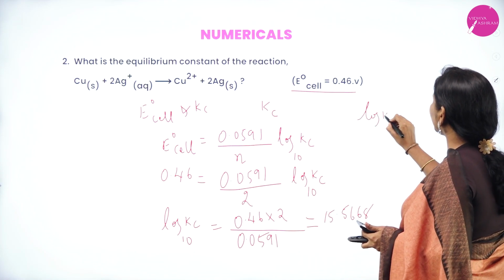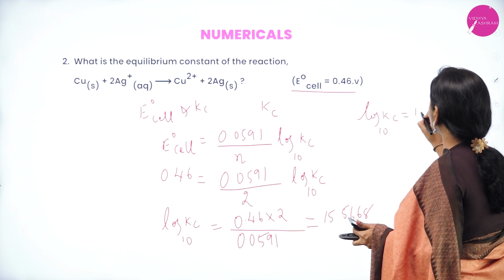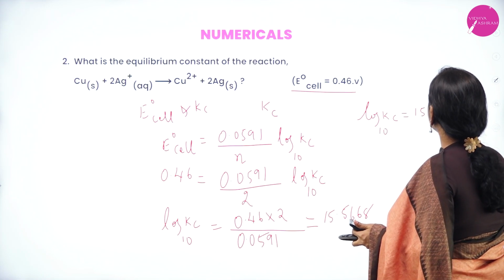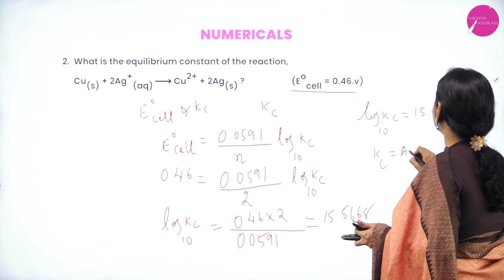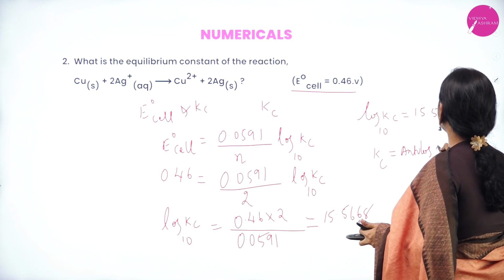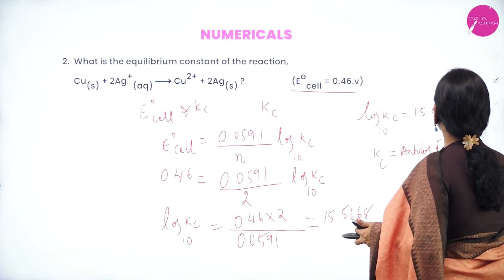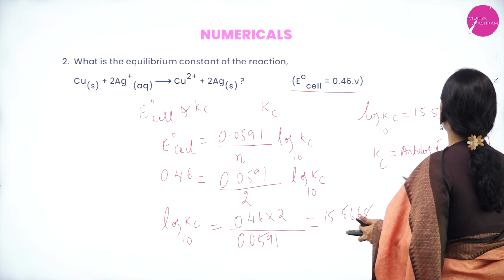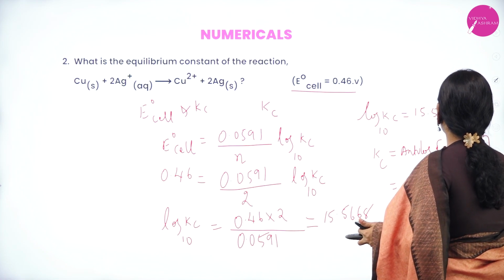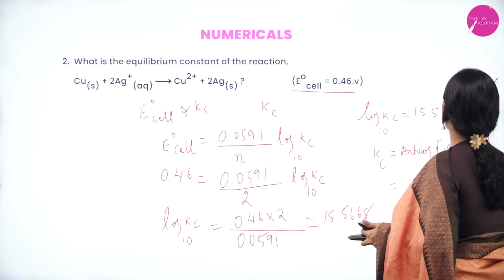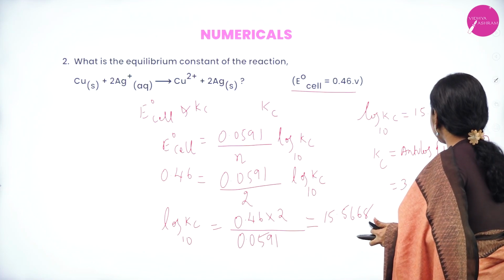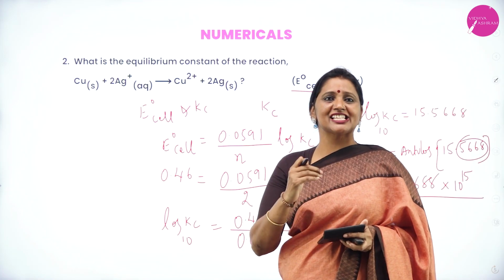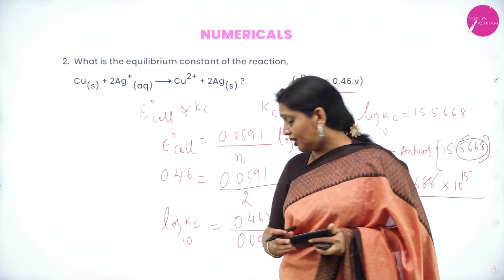Therefore, log Kc to the base 10 is equal to 15.568. So, if you want Kc, it will become the anti-log of 15.568. If you see the anti-log value of 3.688, it is 3.688 into 10 to the power of 50.